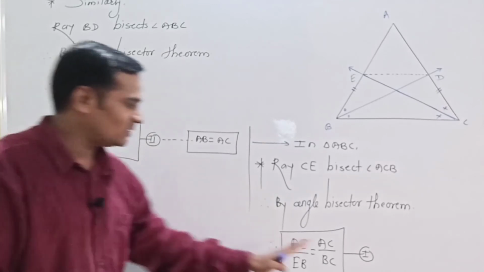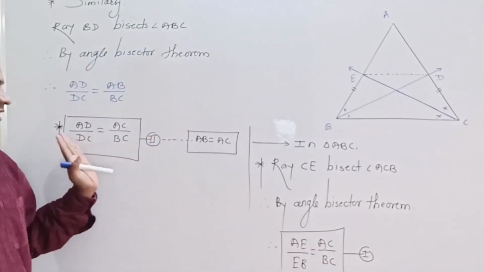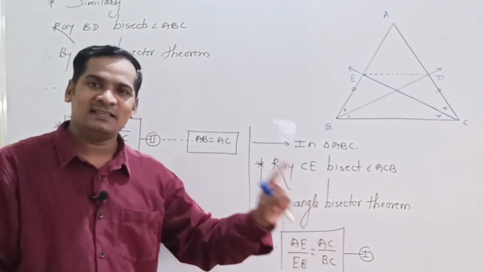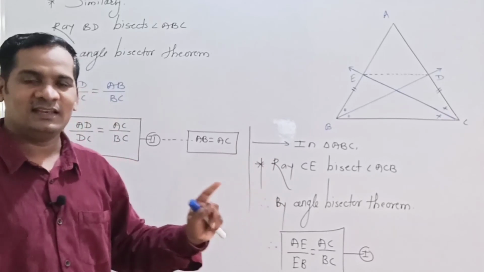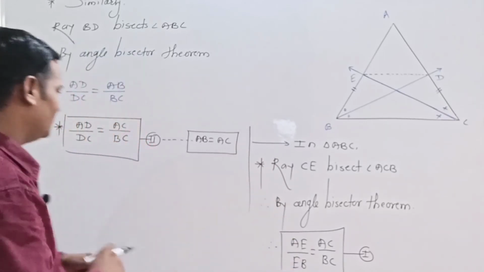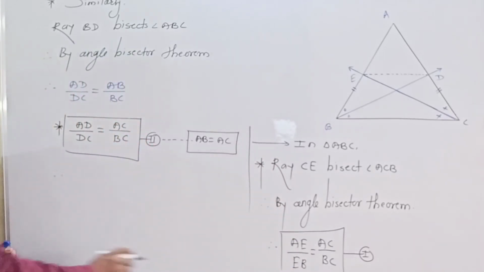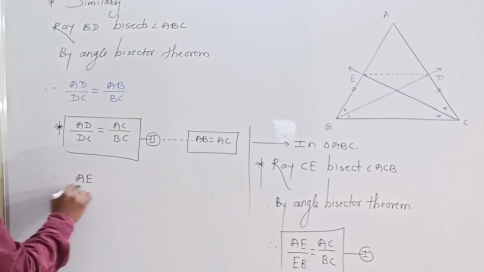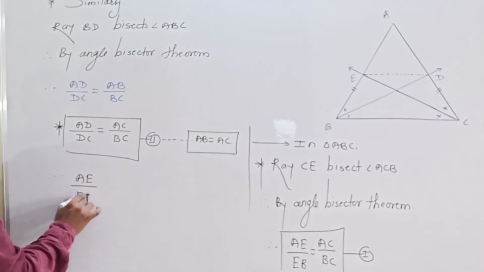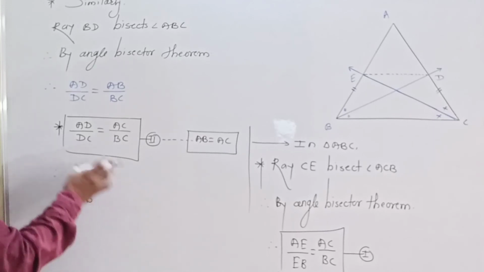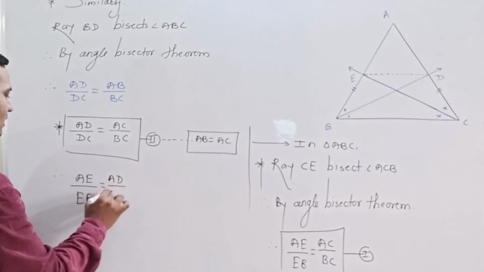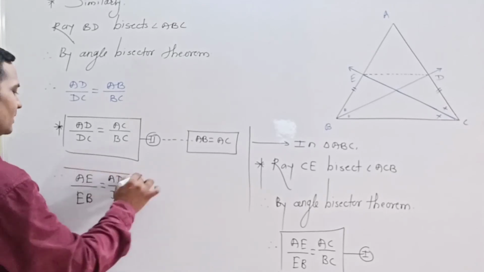Now look at the equation number first and second, in which RHS is the same. And if RHS is the same, then LHS will automatically be the same. So therefore, now which is the LHS of the first equation? AE upon EB is equal to, now which is the LHS of the second equation? This AD upon DC.